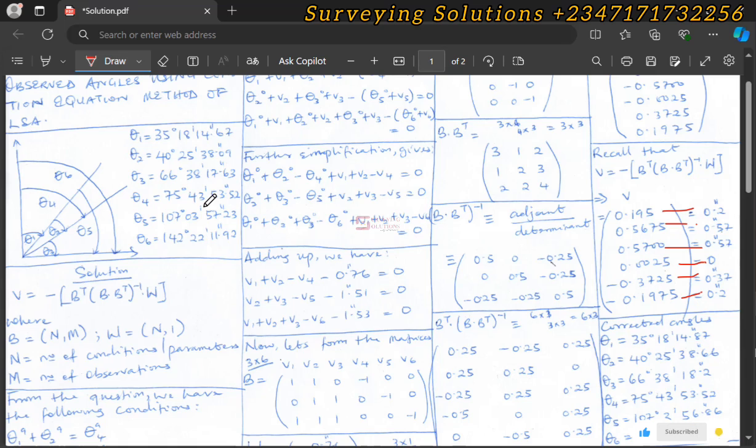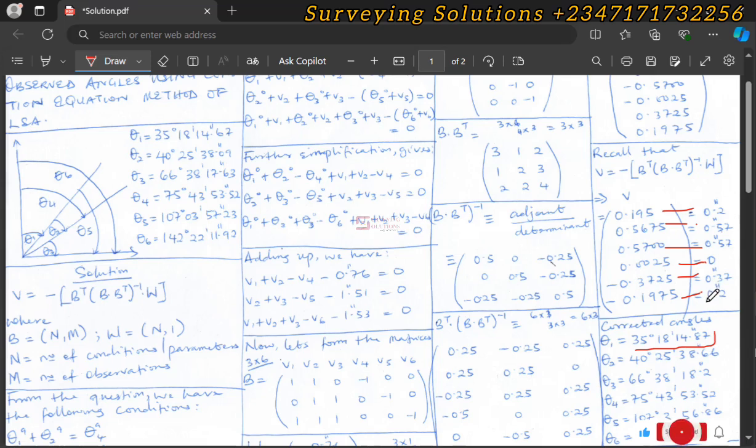On your calculator you should be seeing 35 degrees, 18 minutes, 14.87 seconds. That's how we are going to run it down to V6.